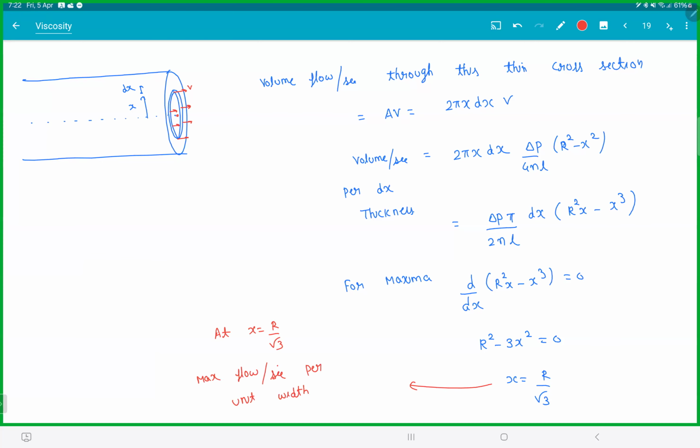We're still into the C part actually. For C part, we have to integrate this term now. Please have a look at this page.